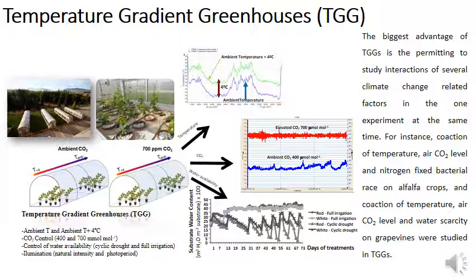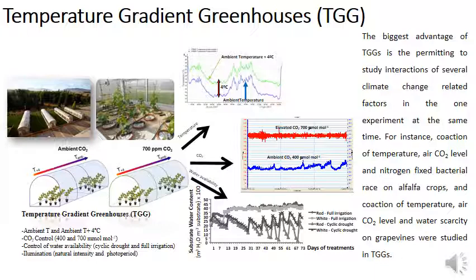How do these TGGs work? There are four different greenhouses, and in each greenhouse there are 3 modules. The first module has ambient temperature, and the last module is high temperature. There is air flux inside the greenhouses, and this air flux provides the hot air wave, so the last module can reach a higher temperature.